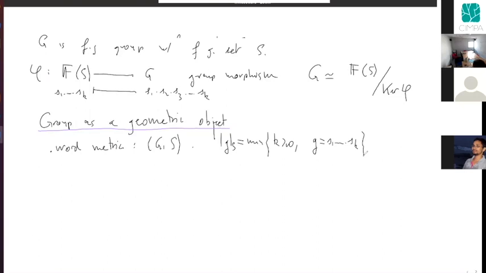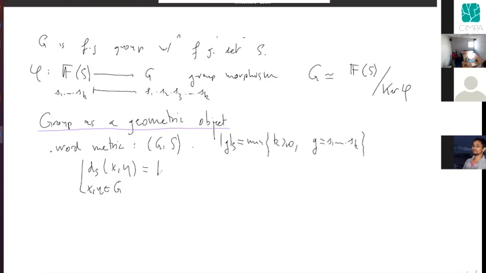And then you define the distance between two elements, let's say x and y, for x and y in my group. Okay, so I have to do it the right way.